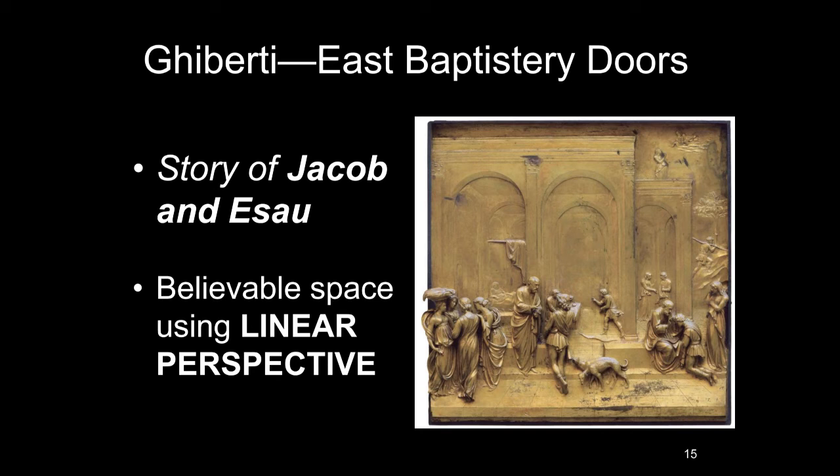Jacob is very upset, but his father-in-law says, okay, work another 7 years, and you can marry my younger daughter as well. And he does this. So he has 2 wives and many children. In fact, it is the 12 tribes of Israel that descend from the children of Jacob and Leah and Jacob and Rachel.